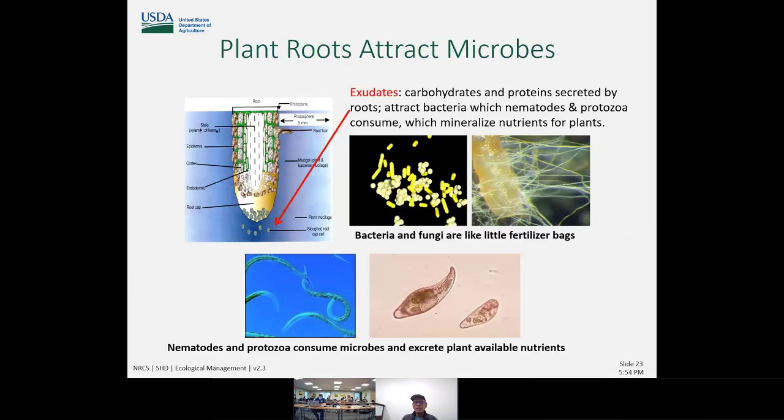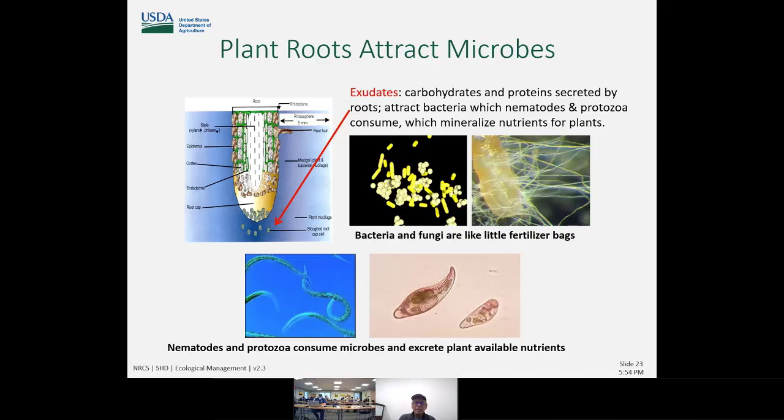So here you see the microbes using soil carbon to help cycle nitrogen and phosphorus, because as I said, the plant provides a lot of exudates, or carbon, into the soil. Here you see the rhizosphere, and what are exudates?